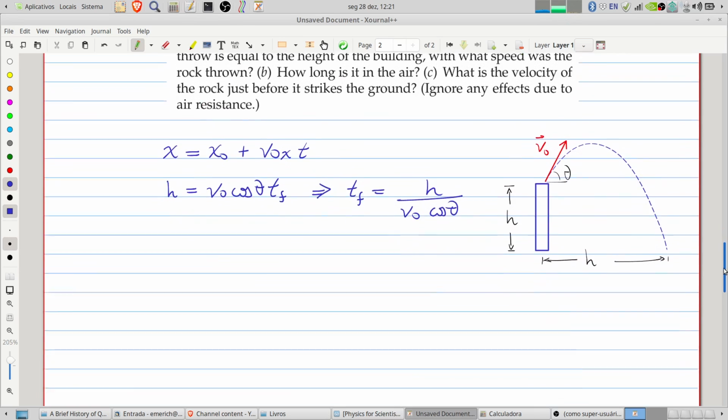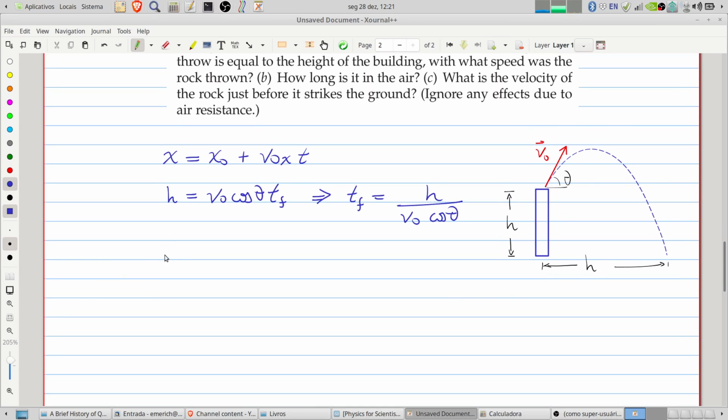Now let's write the equation for the vertical direction. We will have the height equals the initial height plus the initial velocity in the y direction multiplied by time, minus g, the gravitational acceleration, divided by 2 multiplied by time squared.